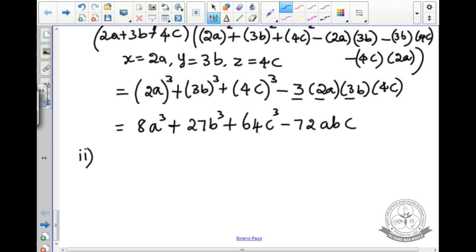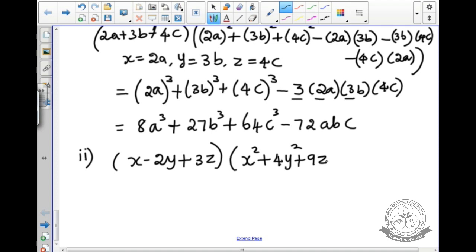Okay, what is given? x minus 2y plus 3z into x square plus 4y square plus 9z square plus 2xy plus 6yz minus 3zx.